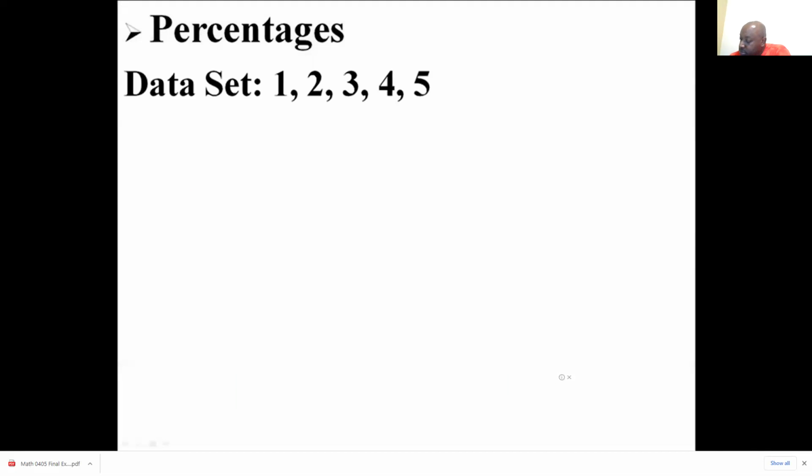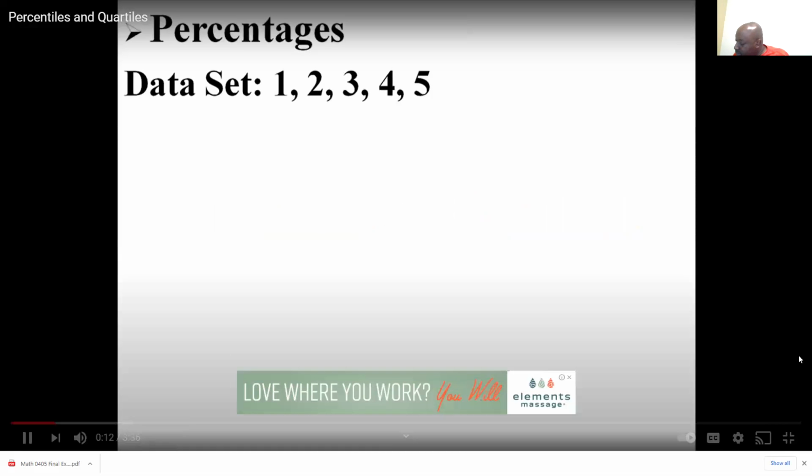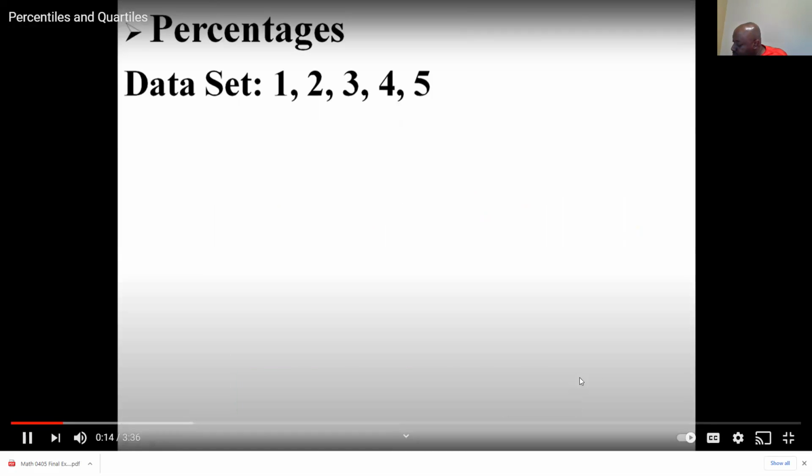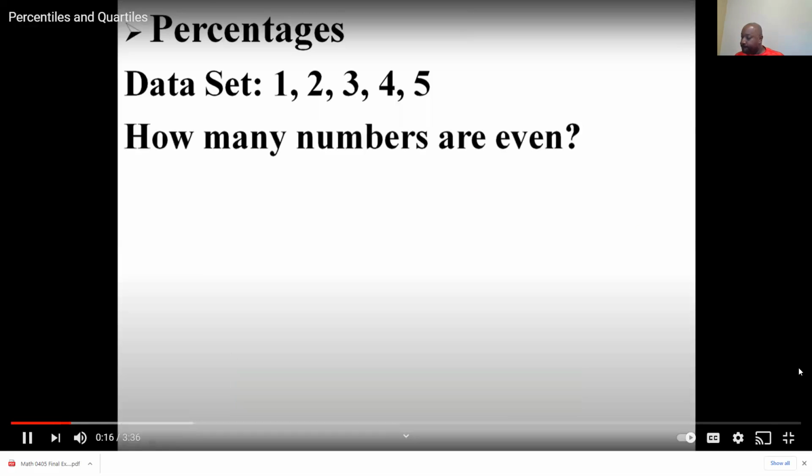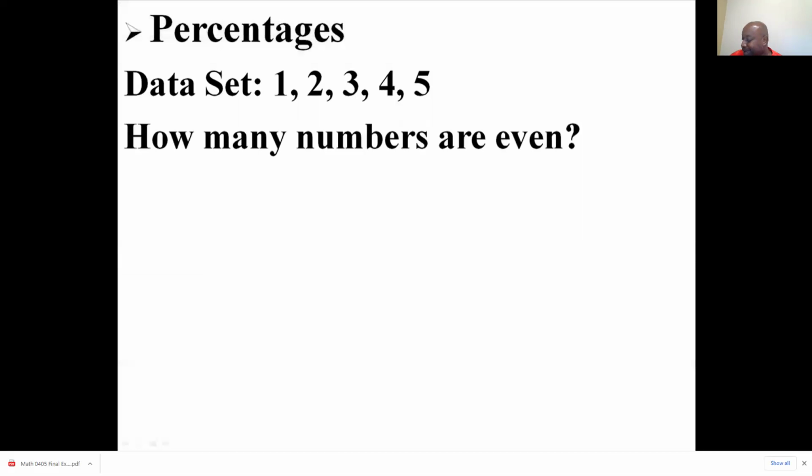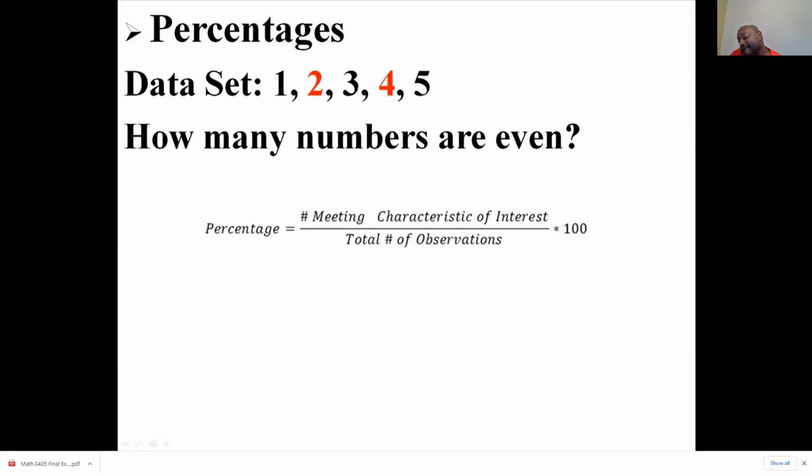Imagine we have a data set like this, very simple, 1, 2, 3, 4, and 5. I could ask you a question like, how many numbers are even? Well, it's pretty obvious. The 2 and the 4 are even. But we could make that into a percentage. A percentage is basically the number of things meeting the characteristic of interest divided by the total number of observations times 100. So that might sound kind of weird, but let me show you this.